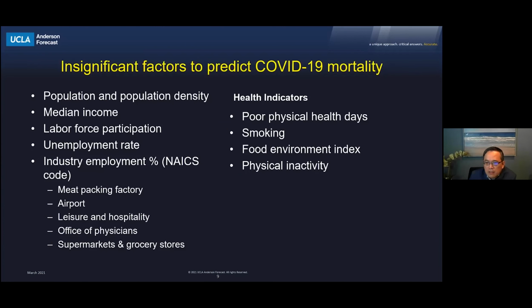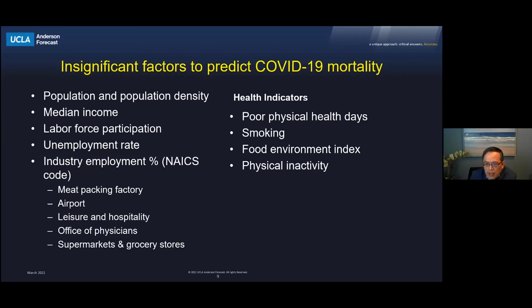Median income, labor force participation, unemployment rates in 2019, not significant. Industry employment percentage density from next sectors, for example, meat packing factory. So this is because we heard a lot of stories about high infection rate in the meat packing factories. But it is not significant.